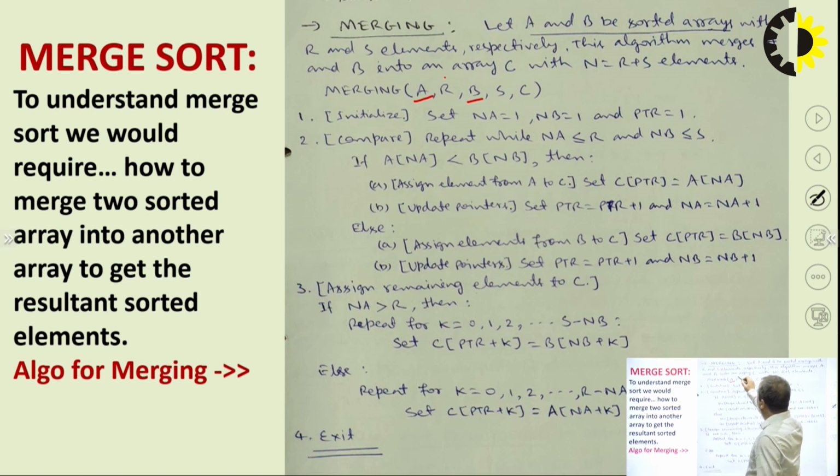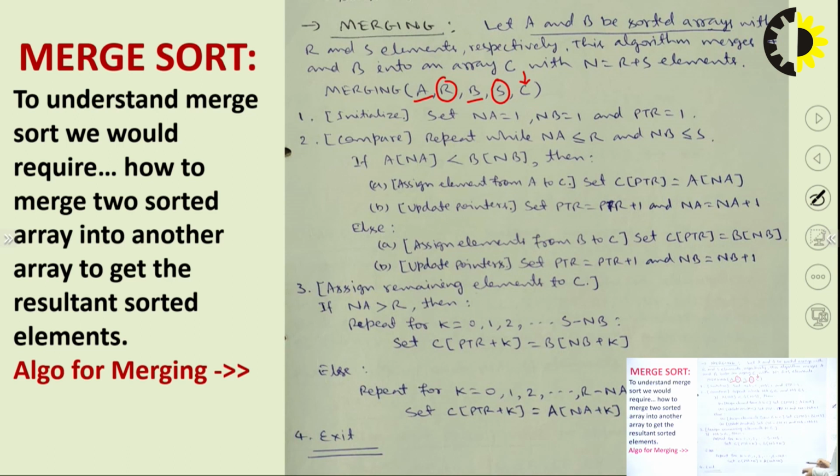R is the number of elements in A and S is the number of elements in B. C is the resultant array which we want to be sorted finally. So what are the steps?